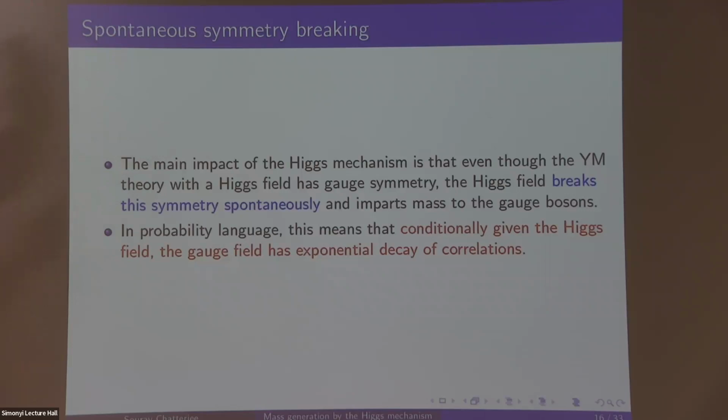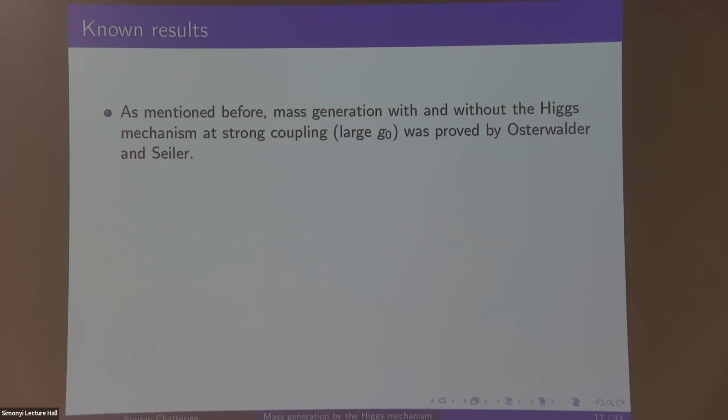It has perfect symmetry, but then chooses a direction. Similarly, once you have chosen a Higgs field, the theory becomes massive, in that the gauge field now has exponential decay of correlations, conditionally. Is this true? Can one prove this? I'll tell you what is known. As mentioned before, mass generation with and without Higgs fields is known at strong coupling, large G0. This was proved by Osterwalder and Seiler. So you don't really need the Higgs field.